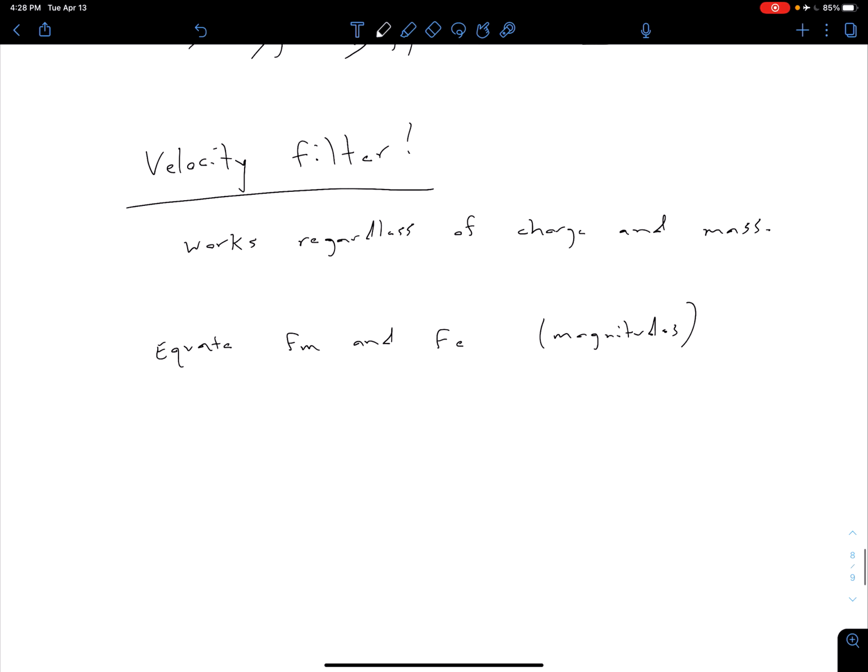Because our Fm is QU cross B, remember that's going to be QUB sine of theta, but if we're just looking at the magnitude, that's QUB. For our electric force we have QE. Again, our charge cancels out, and we see that if we want to filter for a desired velocity, it's equal to our electric field strength divided by our magnetic field.